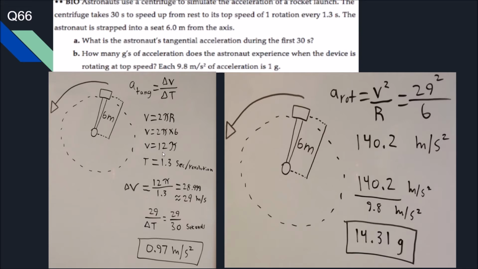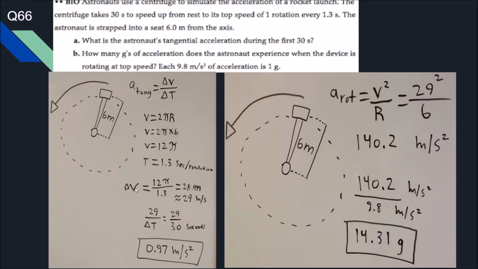And then we will divide the circumference, or distance that it's traveled, by the time that it takes, which is 1.3 seconds. So 12 pi over 1.3 converts to 28.999, which will just round to 29 meters per second. And then we have our velocity.